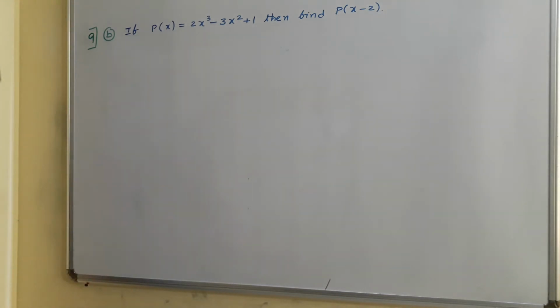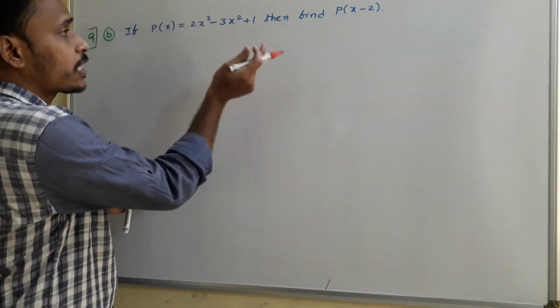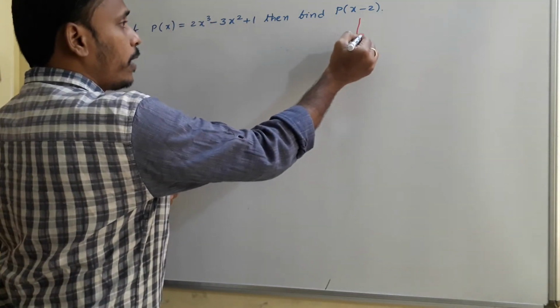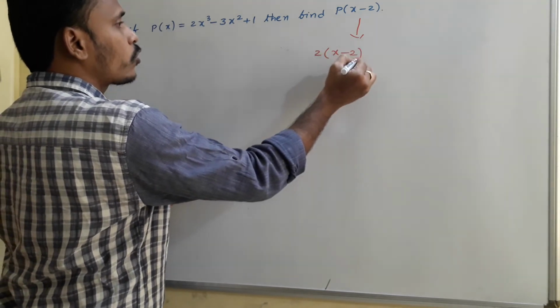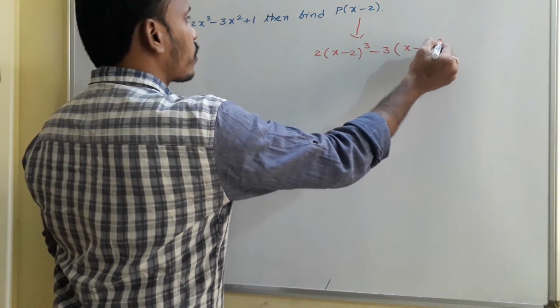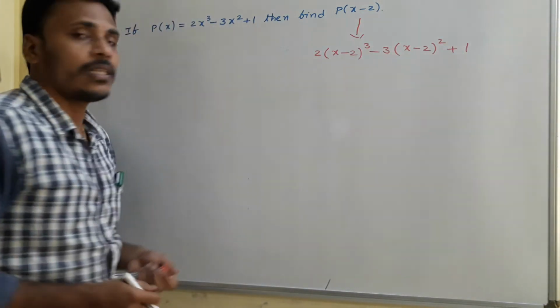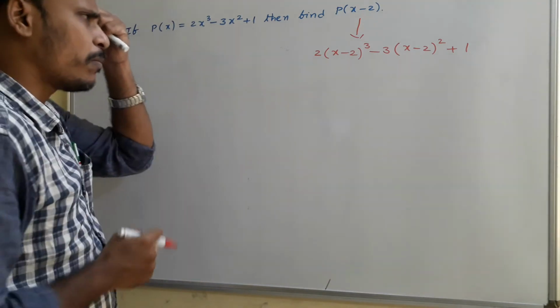One way of finding p of x minus 2 is simply replacing x with x minus 2. If you replace x with x minus 2, what will happen? 2 into (x - 2) whole cube minus 3 into (x - 2) whole square plus 1. This is actually p of x minus 2.